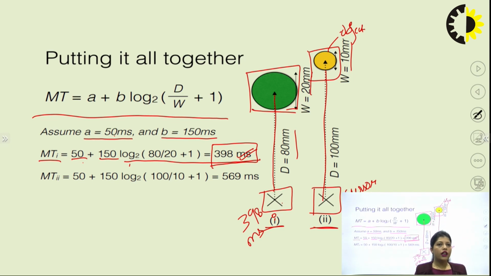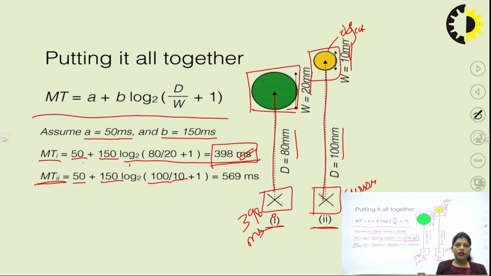Similarly, for the second image, let's assume the value of a is 50 and the value of b is 150 log base 2. The distance for the second image is 100 mm, so we write 100, and the width of the target for the second image is 10 mm, so we write 10.